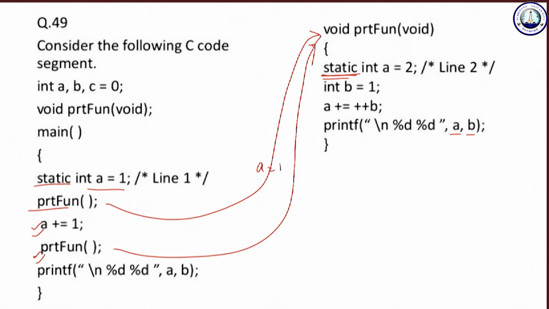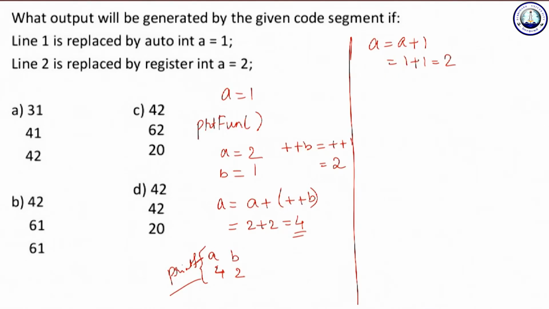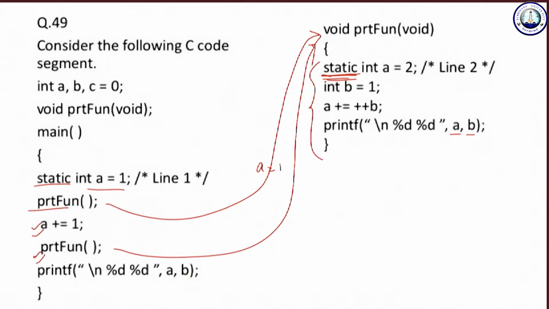Now, instead of static, this will be register. In case of register, when you start the execution of this function, it will not store the previous value of a, it will store the one which is currently declared.